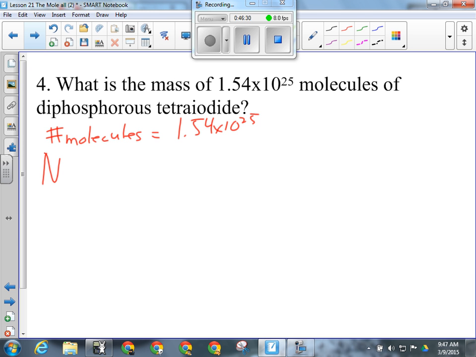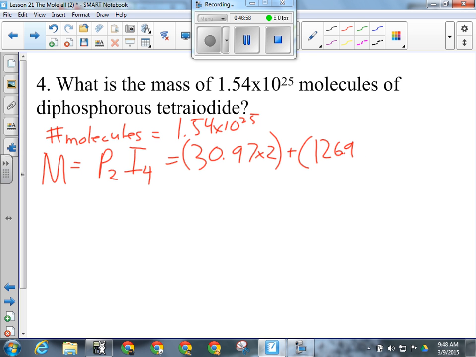Okay? I'm also told the material. Okay, so I can calculate big M, diphosphorous tetraiodide is that stuff. Okay, and I don't reduce that because it's molecular. All right, so if I'm calculating molar mass there, we might as well do that while we're looking at it. 30.97 times 2, that's the phosphorus. Okay, and then iodine is 126.9, okay, times 4.